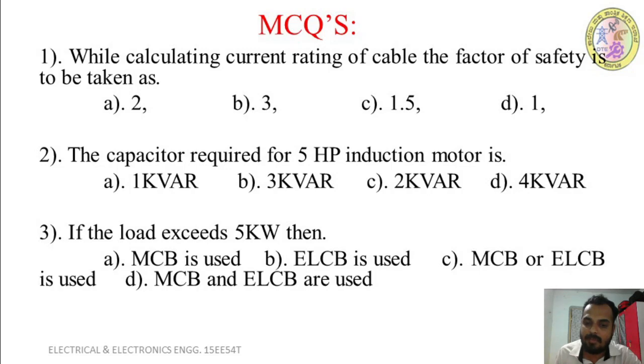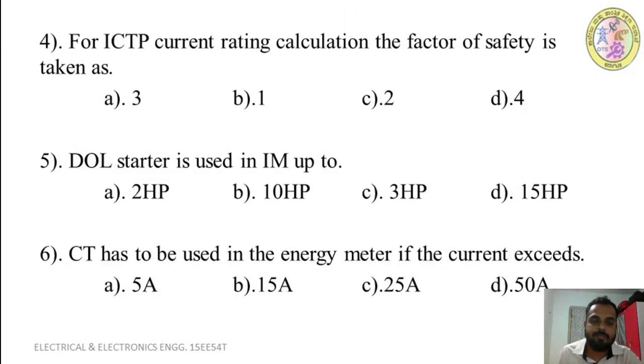The answer is D. Both MCB and ELCB are to be used. If the load exceeds 5 kilowatt, then we have to use MCB and ELCB. If the load is below 5 kilowatt, then we are using only MCB, right? So next we'll see the next question.